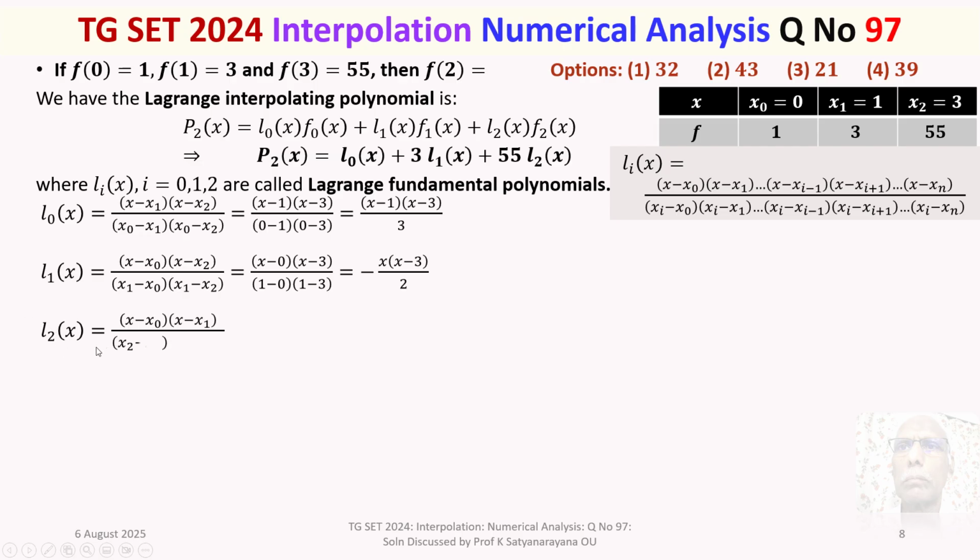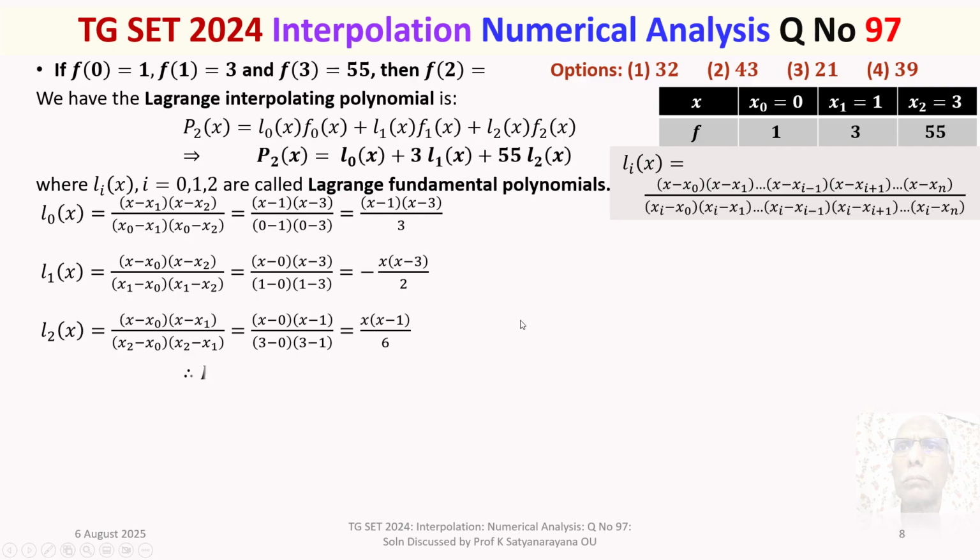L2 of x: write the product of the factors x minus xi except x minus x2. That will be x minus x0 into x minus x1. In the denominator replace x by x2. Now substitute the values of x0, x1, x2 and simplify. You will get x into x minus 1 by 6.